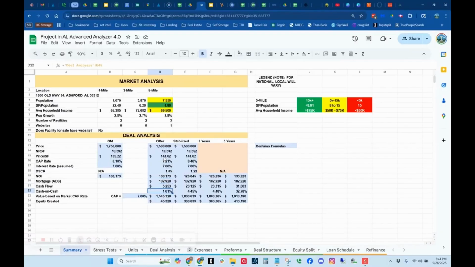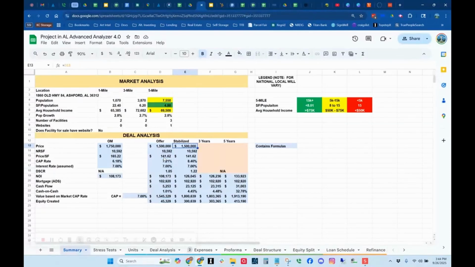So here's your cash on cash of 1%. The value is $1.545 million. And the equity is how much equity you're getting with a purchase price of $1.5 million.